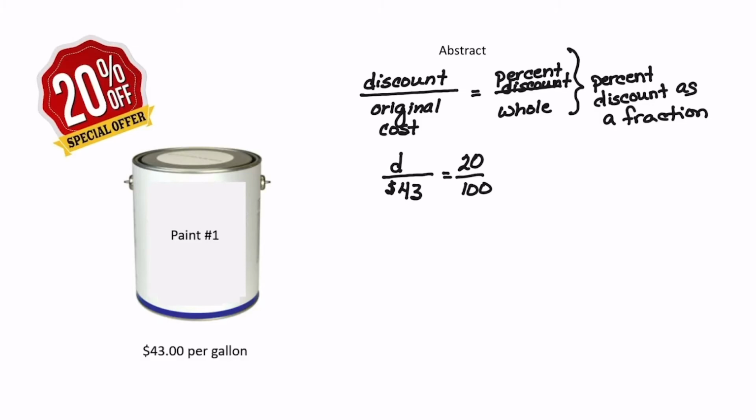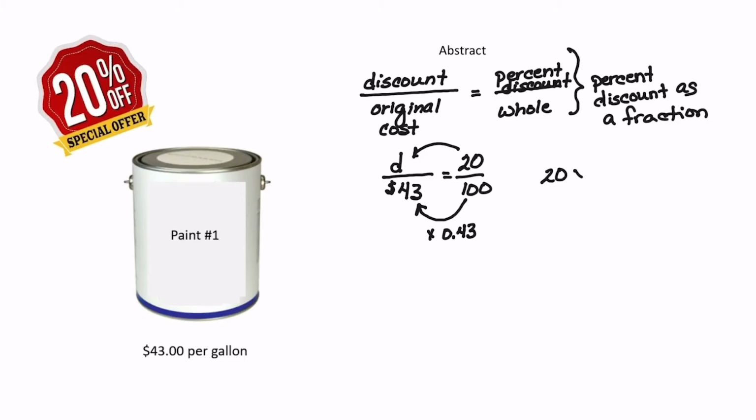Now I'm going to have to do some multiplication. So I'm going to have to figure out, what times 100 is going to give me 43? I'm going to multiply that times 0.43. Anything that you do to the denominator, you have to do to the numerator. So I'm going to do the same thing up top. And I'm just going to do my work off to the side.